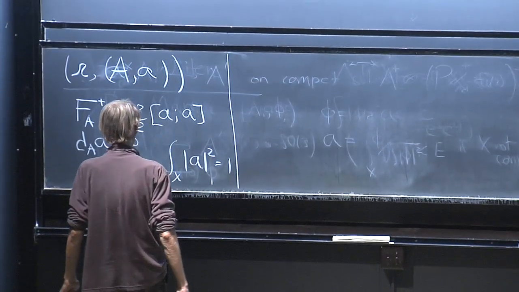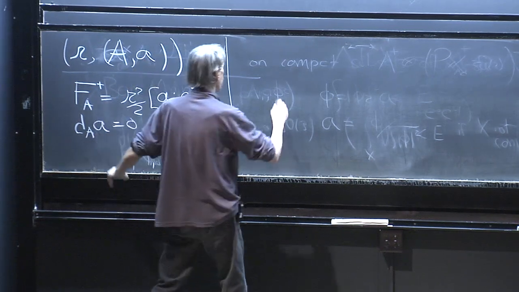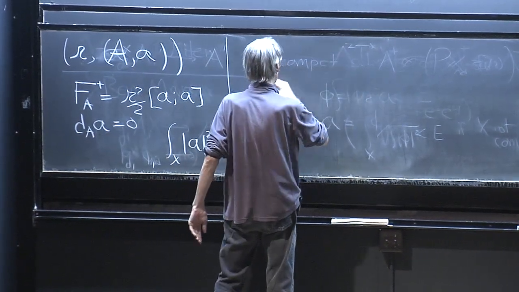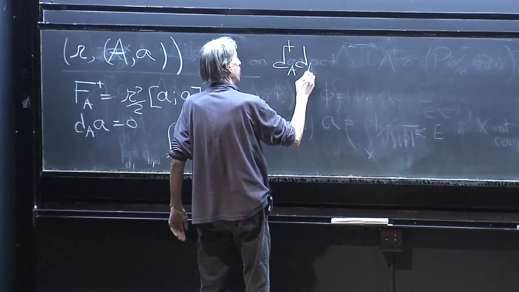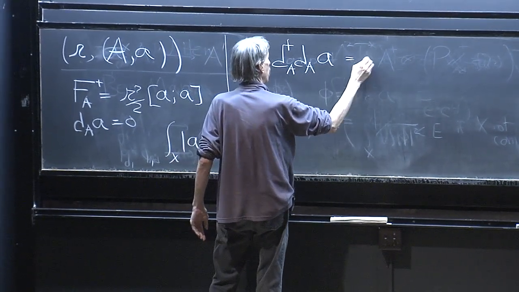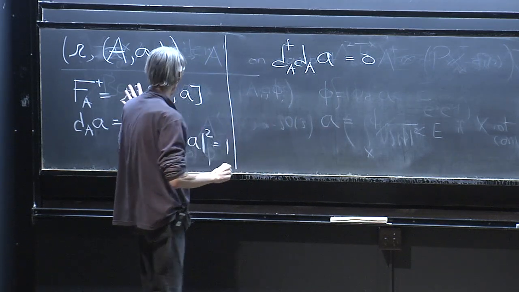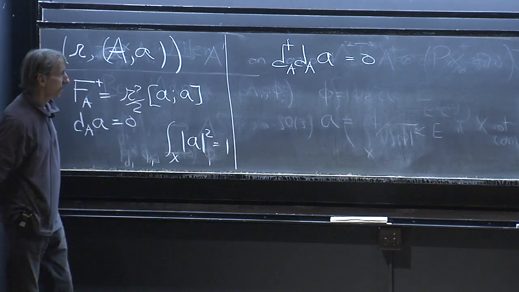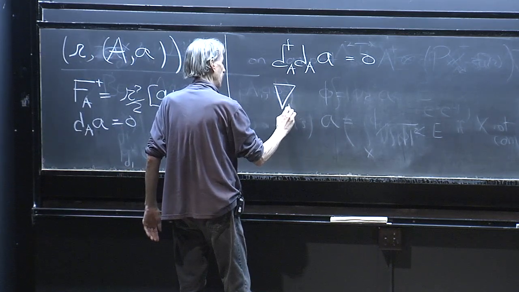But anyway, let's see, why should this be true? You start out with this equation, and there's a Weitzenbock formula. You make it into a second order equation, and then you commute derivatives, and this is where the magic of this term comes in. That's why that term is so beautiful.